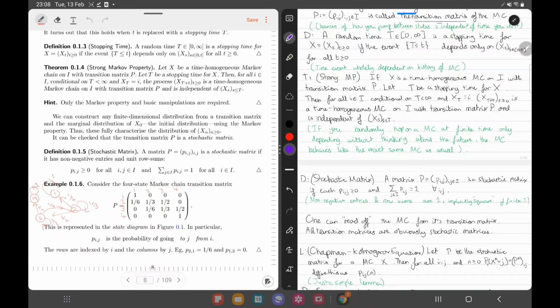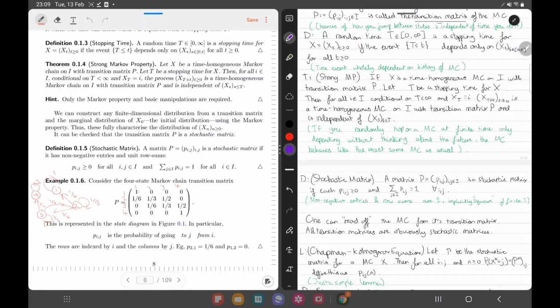So suppose you're given a stopping time, and you know the stopping time is finite, and at that stopping time, you're at state i. Then in the future, so x of t plus T, it's a time homogeneous Markov chain with the same transition matrix. So if you keep the same transition matrix, it basically says that the way you jump between states stays the same.